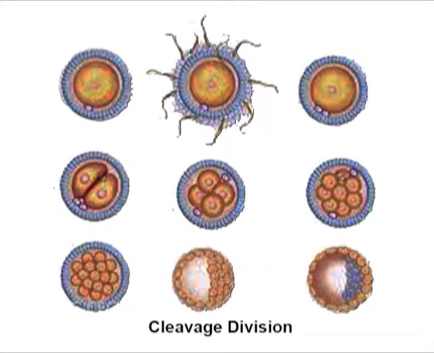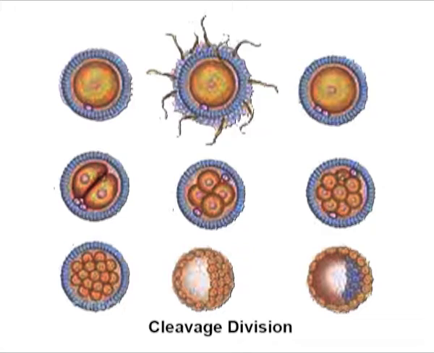By the process of cleavage, the zygote divides into 2 cells that divide into 4 cells, then into 8 cells, and so on. Each division takes from 12 to 24 hours. With each successive subdivision, the ratio of nuclear to cytoplasmic material increases.